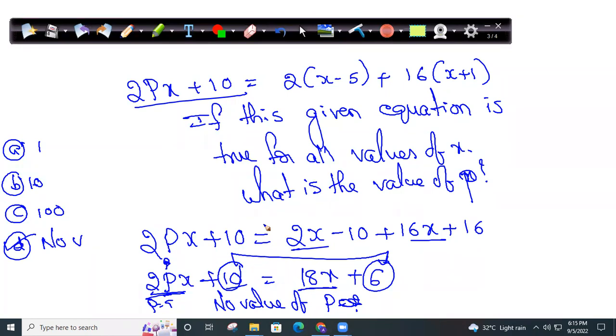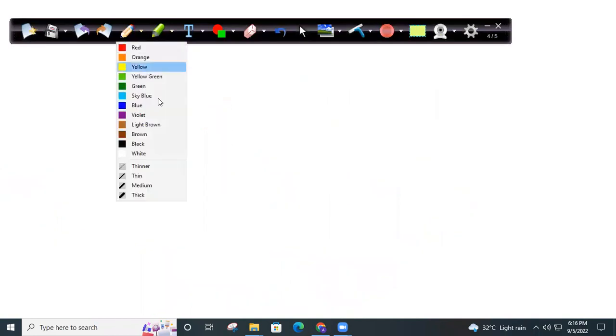So your answer should be, there is no value of p that makes infinite solutions for this, or there is no value of p where the equation is true for all values of x. I hope you are getting my point. Correct, right? So what did we learn in today's class? One simple concept.